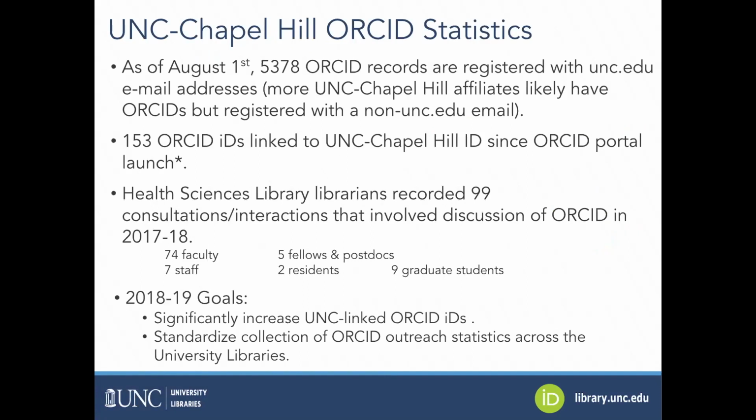As of August 1st, you can see we have 5,378 ORCID records that have a unc.edu address attached to them. Most are not linked to the portal. The internal portal tracks how many people have linked their ORCIDs to UNC, and at this point we have 156, and we hope to grow that a lot more this year.